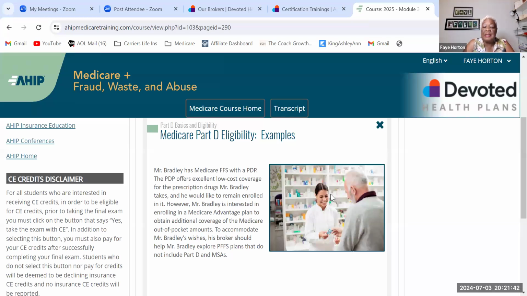However, Mr. Bradley is interested in enrolling in a Medicare Advantage plan to obtain additional coverage of the Medicare out-of-pocket amounts. To accommodate Mr. Bradley's wishes, his broker should help Mr. Bradley explore private fee-for-service plans that do not include Part D and medical savings accounts.